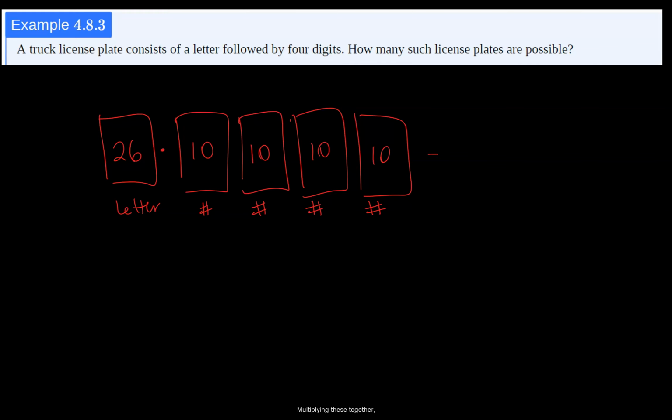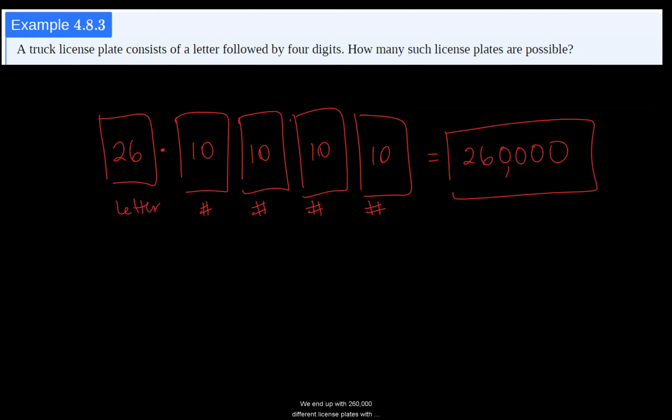Multiplying these together, we end up with 260,000 different license plates with this situation. And this is just using that multiplication principle again, because we have one letter followed by 4 numbers and 10 digits for each number.